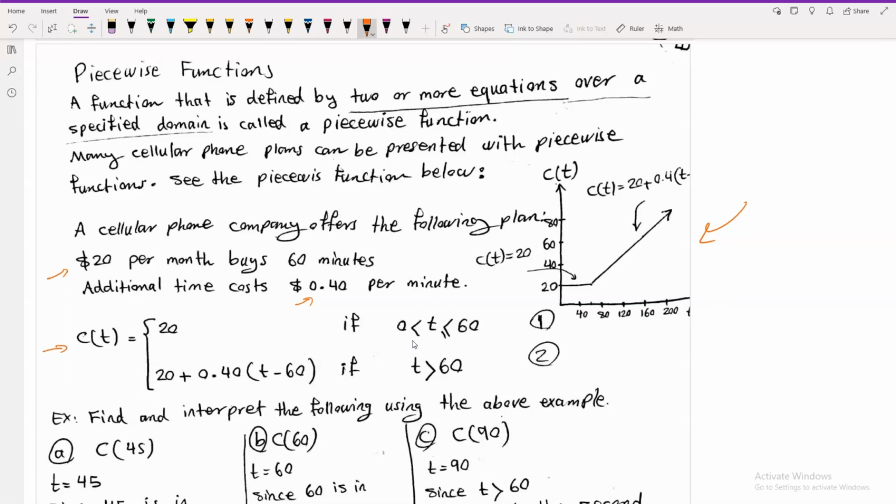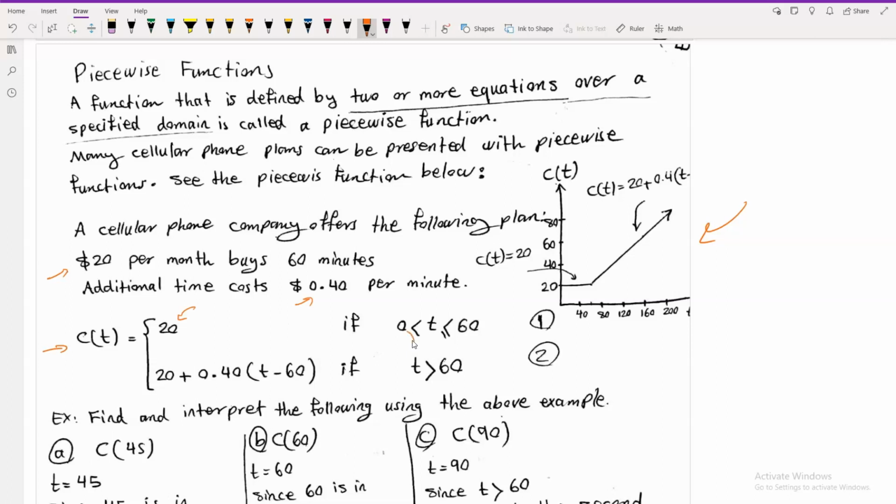The C is for cost and T is for time. So if time was between 0 and 60, and this is equal to 60, because here it says $20 per month by 60 minutes. So this is $20 for maximum 60 minutes.